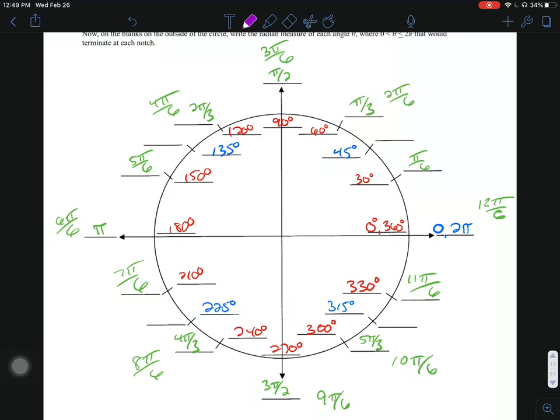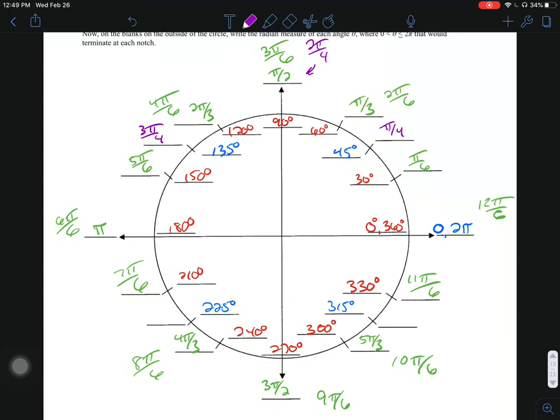If we count by pi over 4s, start at the beginning, the positive x-axis is 0 pi over 4. At 45 degrees, it's 1 pi over 4. And then at the positive y-axis, we got 2 pi over 4, which reduces. Then at 135 degrees is 3 pi over 4.